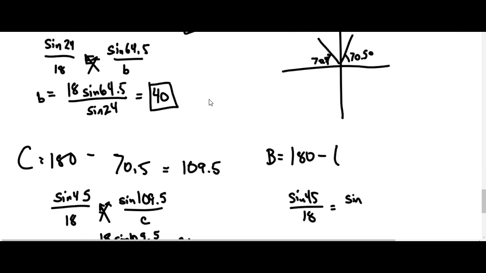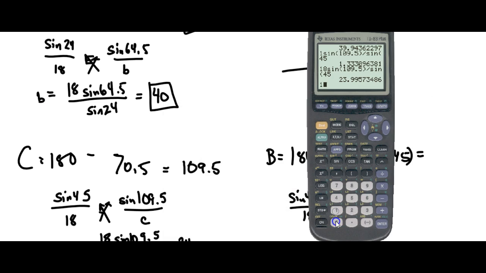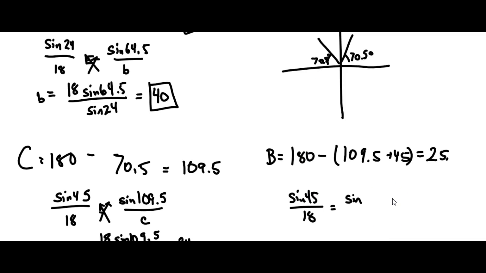So we have to add those two together, 109.5 plus 45. So that's going to give us 154.5, then 180 minus that value is going to be 25.5.